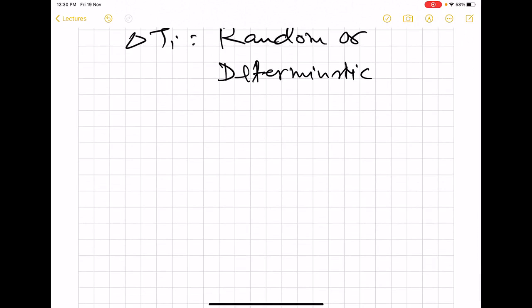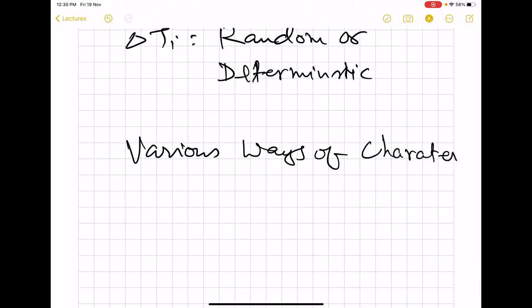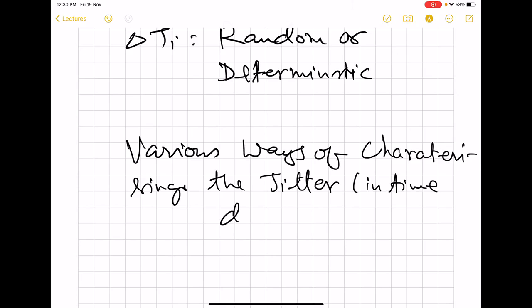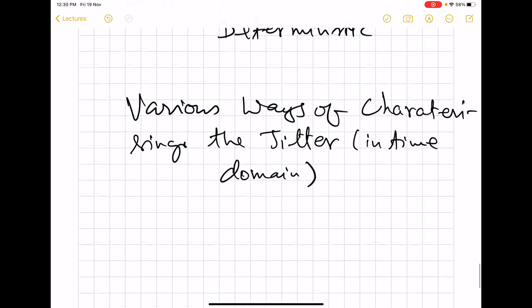We will go through all those ways. Each of the ways definitely conveys the non-idealities, or the deviation of the period from the ideal case.